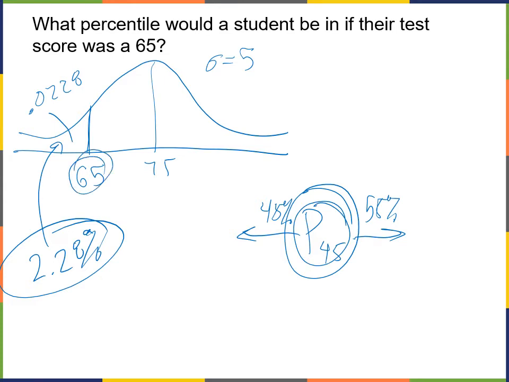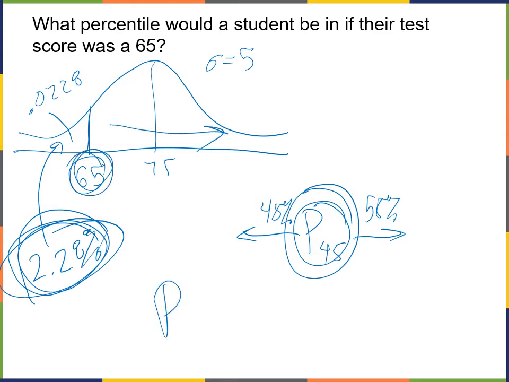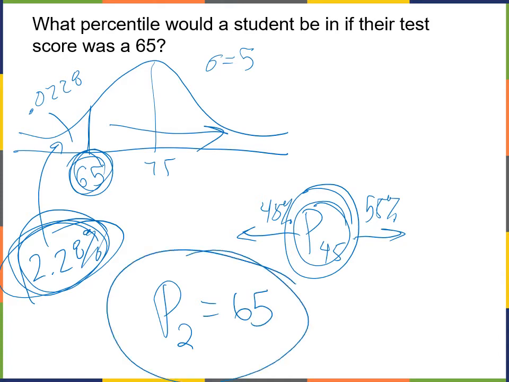Well, a score of 65 separates the bottom 2.28% from all the rest. So what percentile would 65 be? The percentile would be between 2 and 3%. So P2 would be the percentile for a score of 65. So you don't want to be in the score of 65, right? You don't want to be in this bottom 2% of people scoring on this statistics test.